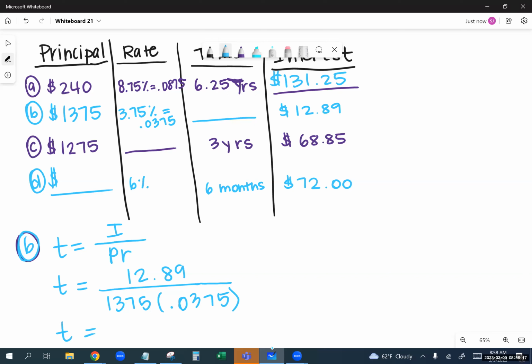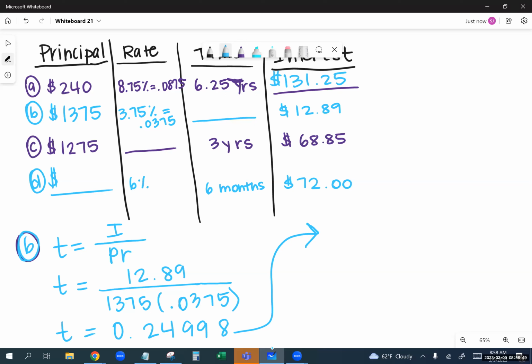I'm going to write this and show y'all: 0.24999. Okay, this is time. We don't know time like 0.24, right? So what I would need to do is multiply it by 12. After I get that answer, that ends up being your months because this is basically 25% of a year, right?